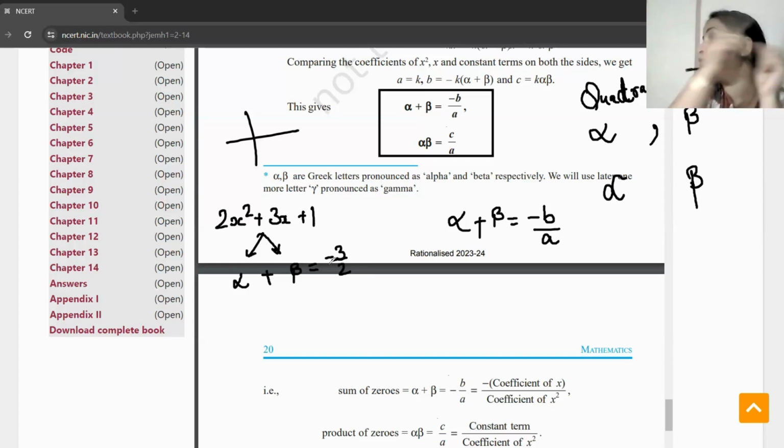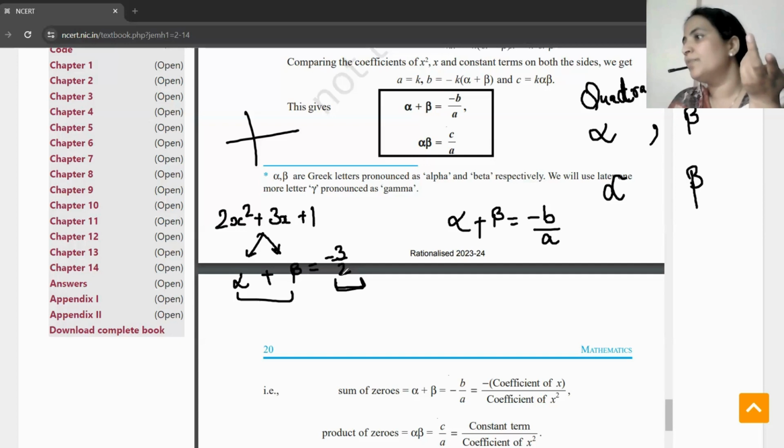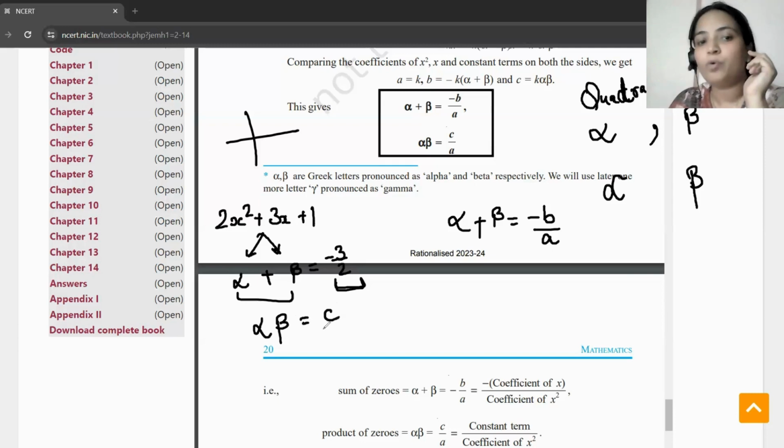Without knowing those things, you know their sum. Understood or not? Because that comes from the equation. This is the relationship between the zeros and the coefficients. Now if you multiply alpha and beta, those two zeros, you will get positive c by a.